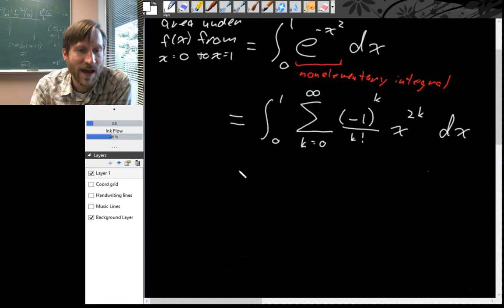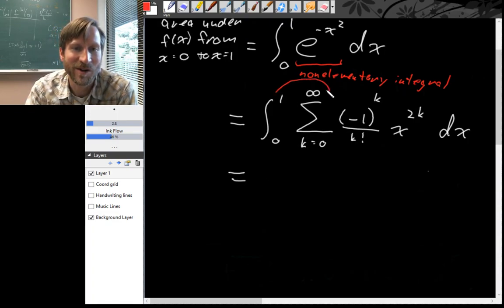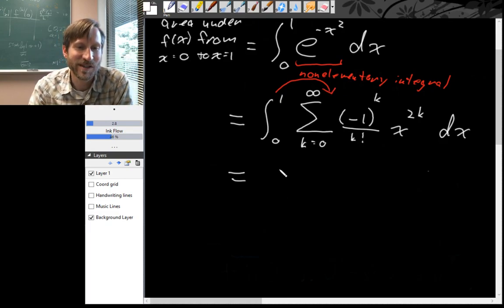And we're going to integrate that from 0 to 1 dx. All right, and as usual, and somewhat mysteriously, we are going to move the integral inside the sum.